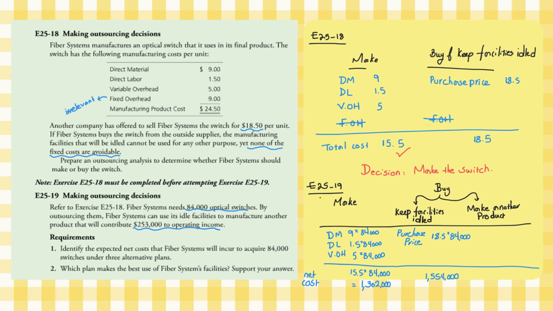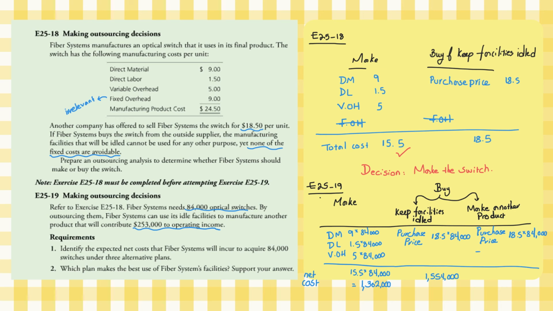And the last one, to buy and make another product, I'm gonna pay also the purchase price because I'm gonna outsource it, which is also 18.5 per unit multiplied by 84,000 switches. But here I'm gonna make another product and it's gonna contribute 253 to operating income. So we cannot add profit to cost.